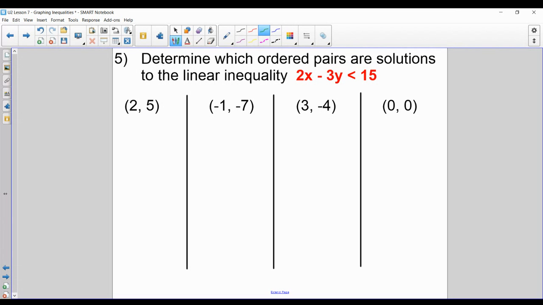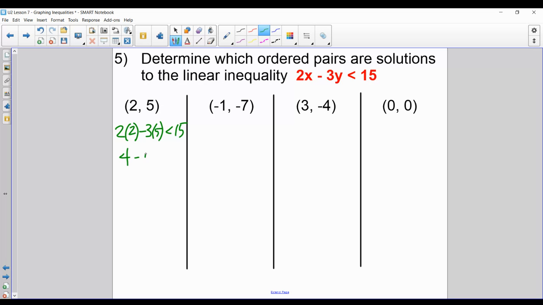So if I look at this one, I'm going to plug in 2 for the x value, 5 for the y value, and I'm going to see, is it less than 15?